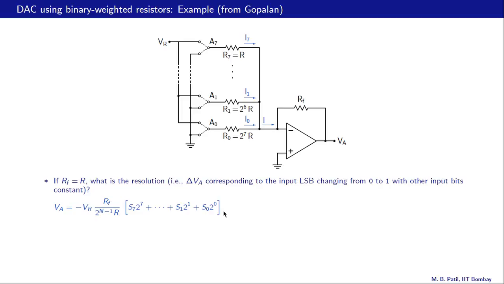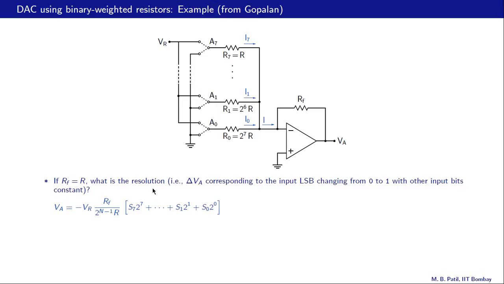What is the lowest value of this bracket? That happens when S0 is 0, S1 is 0, etc. all the way up to S7 equal to 0. So that lowest value is 0. What is the highest value? Highest value is when S0 is 1, S1 is 1, etc. all the way up to S7 is 1. And that highest value is 255, or 2 raised to 8 minus 1.